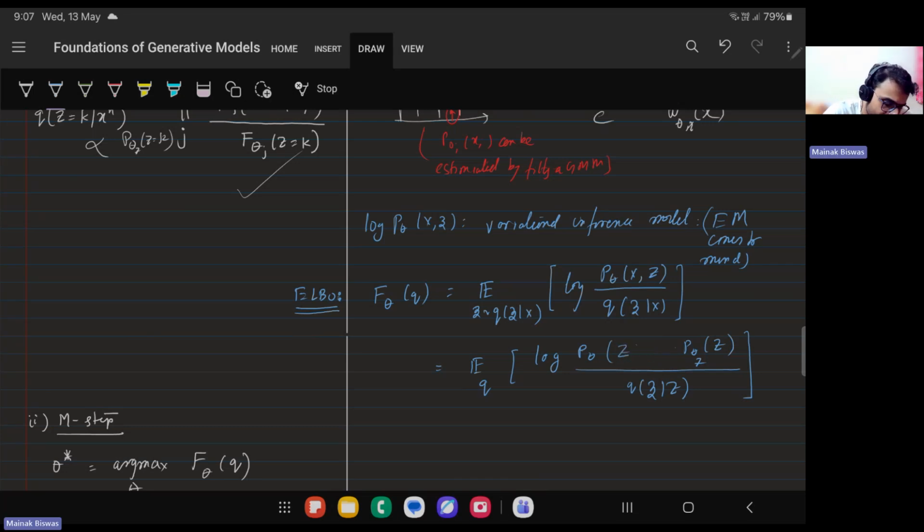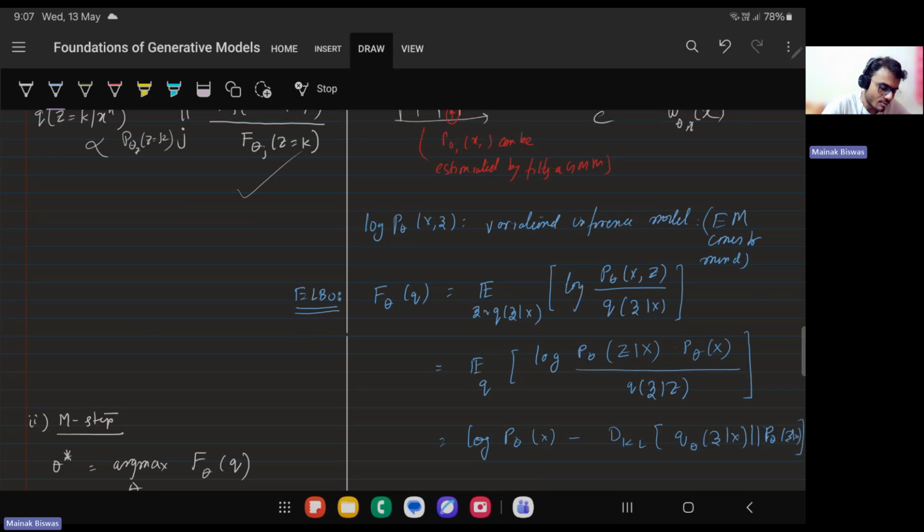So this is my ELBO, which we have done before. This is my log likelihood, log p theta of x, minus the DKL of q of z given x and p theta of z given x.